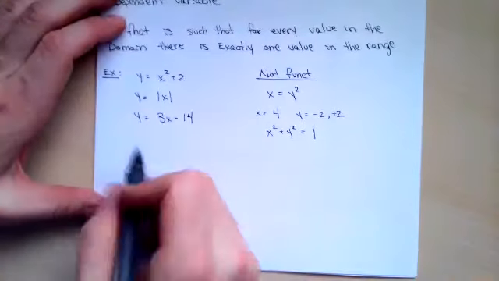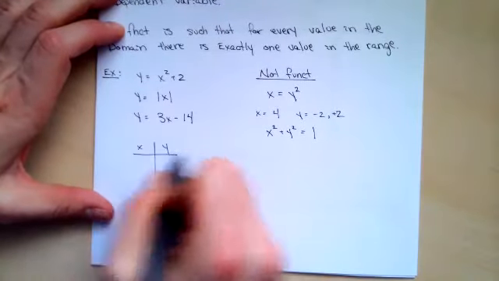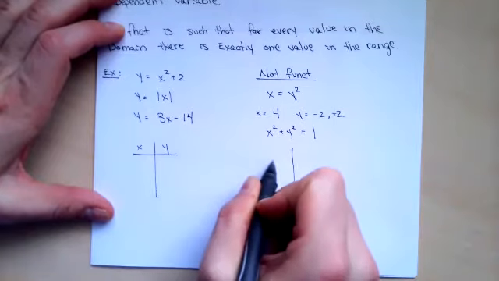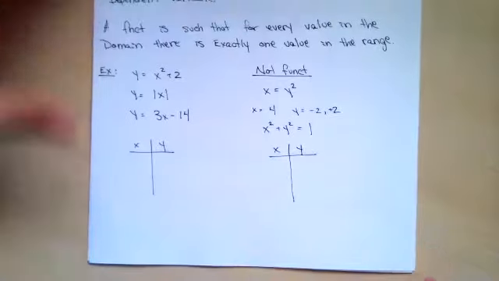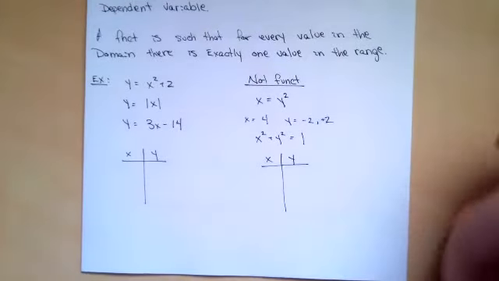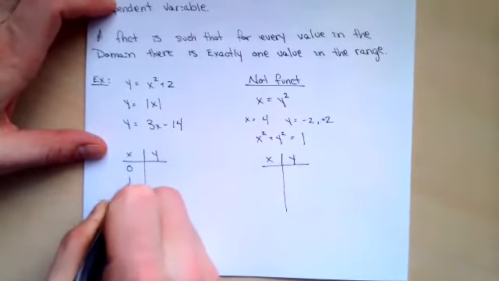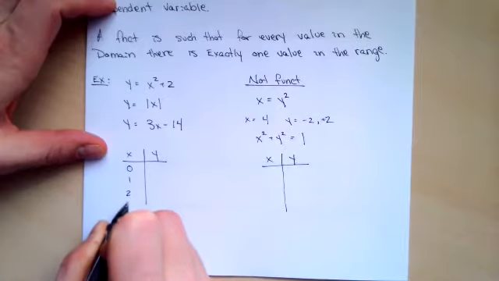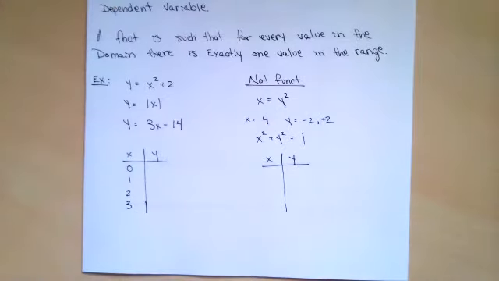For tables, we wanted to ask ourselves, when is y a function of x, given the information in the table? One easy rule is that if the x values are only listed once, it's always a function.